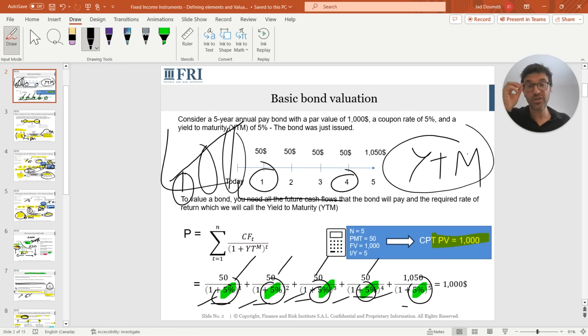A yield to maturity is completely blind when it comes to the shape of the yield curve. How much riskier is the 4th cash flow relative to the 3rd? How much riskier is the 5th cash flow relative to the 1st? I can't see it, because I'm using the same YTM for all.